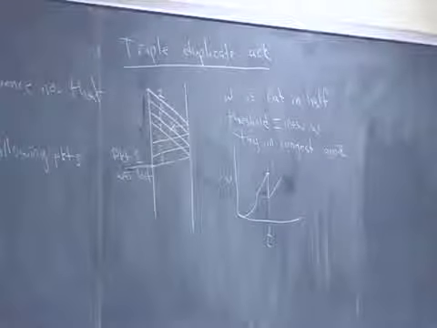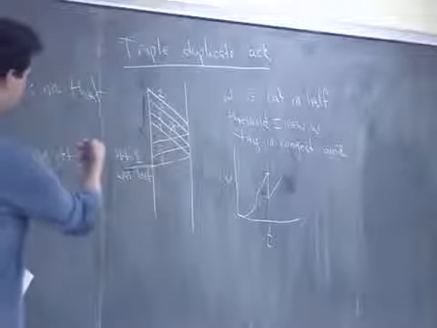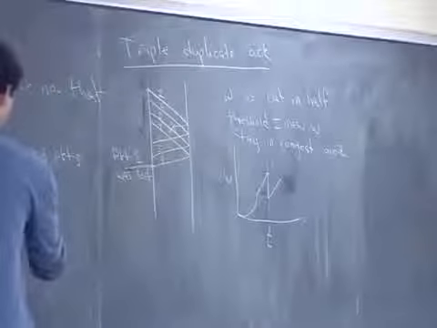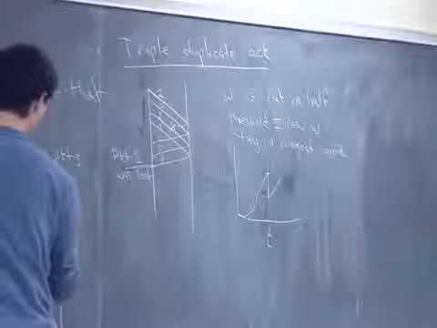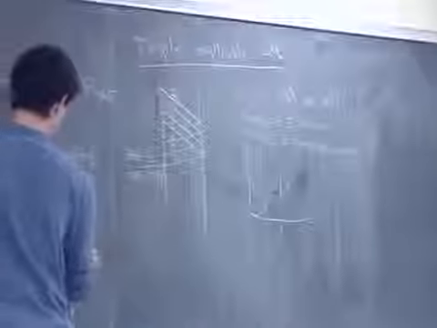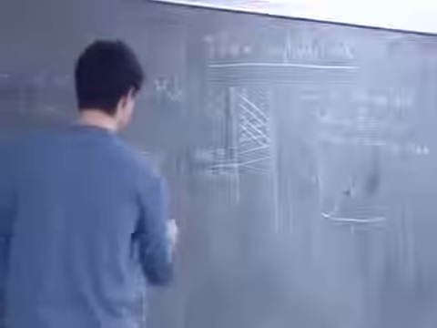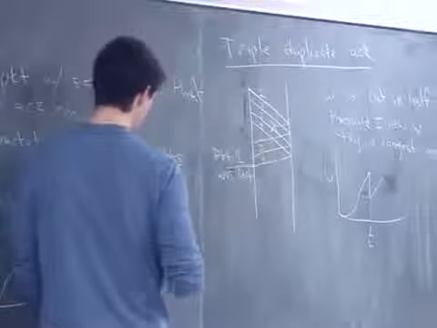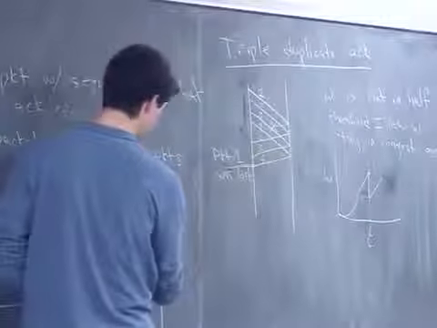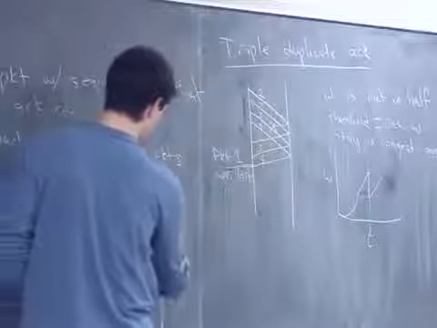Whereas here, we had a timeout. This timeout is assuming that there's not a triple duplicate ACK before it. So let me show that. We have these 4 packets coming in. Let's say that the acknowledgement for packet 1 was lost. And this one's lost. This one comes way down here.